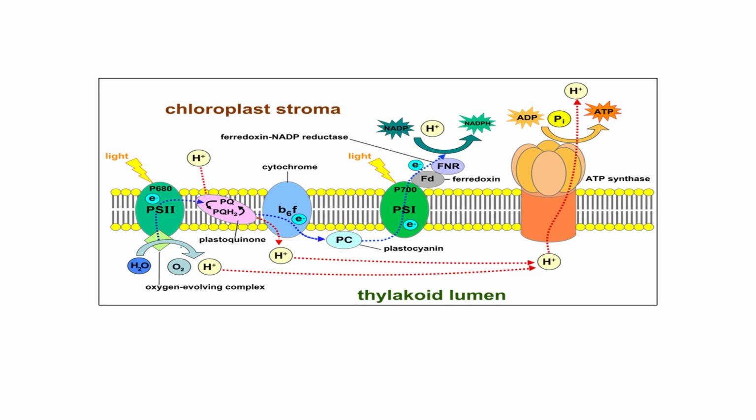This is the membrane site, the chloroplast. These are the membranes where different kinds of carrier molecules are present, which transfer the electron from one carrier molecule to another in the presence of light.